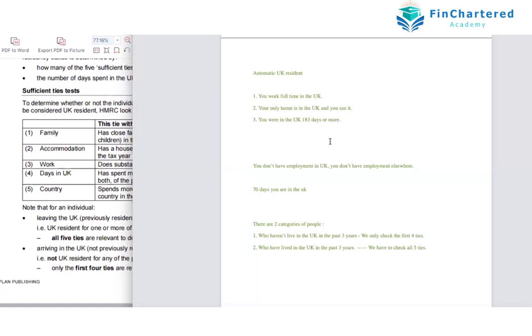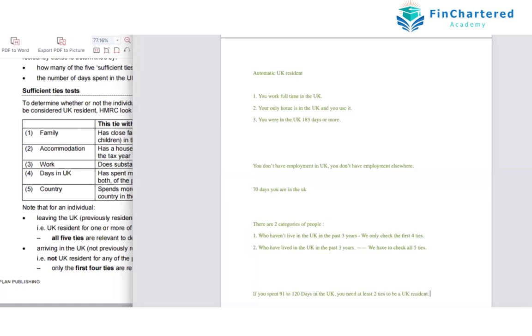Okay, now what happens is this. We are looking at if you spent 91 to 120 days in the UK, you need at least 2 ties to be a UK resident.